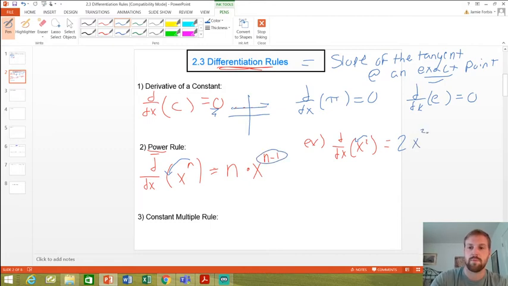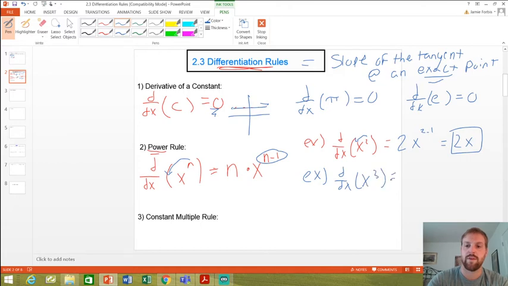So 2 minus 1 is just going to be 2x to the first, or 2x. And we already talked about, using the definition of the derivative, how the derivative of x squared is 2x. You can do this with anything. The derivative of x cubed would be 3, bring the 3 down, and then 1 less power would be x squared.